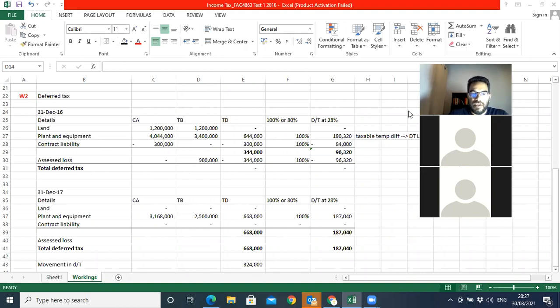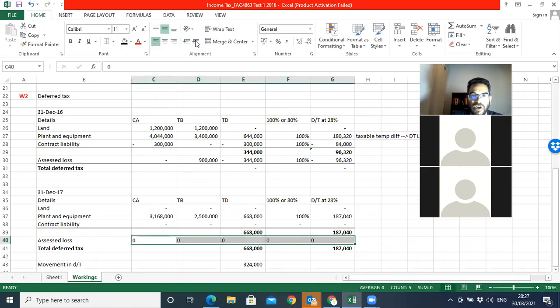Okay, so now we do the assessed loss. Because we are utilizing it fully, accounting never has an assessed loss, they don't have a balance sheet amount. From a SARS point of view, there's nothing as well because we are utilizing it. So that will be 0, 0, and 0. I'll come back to the assessed loss afterwards.